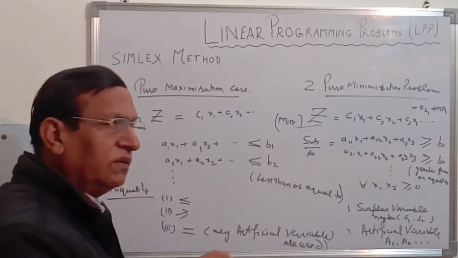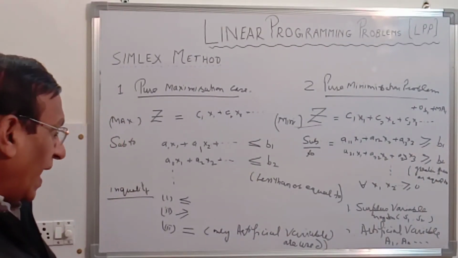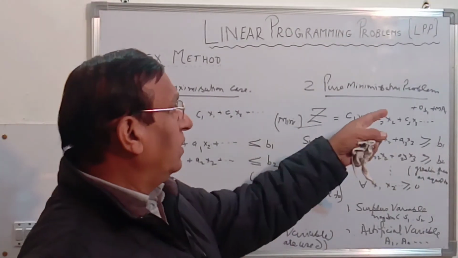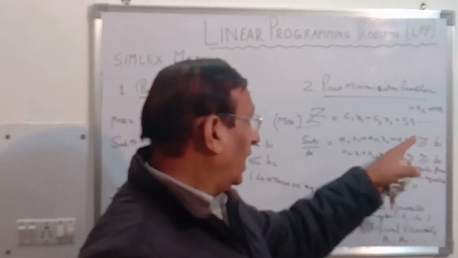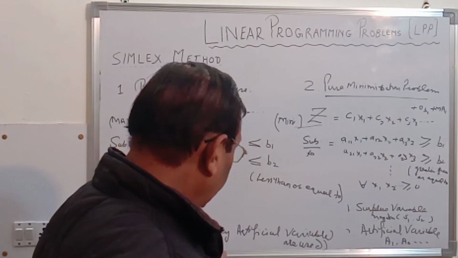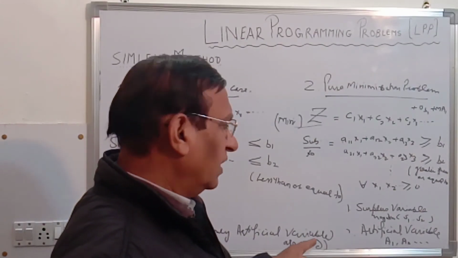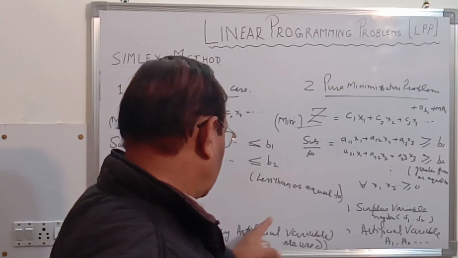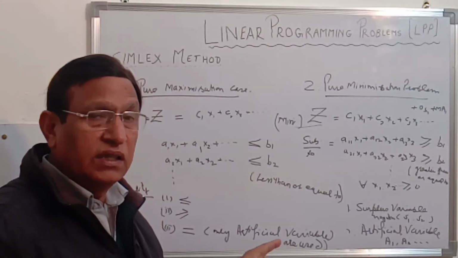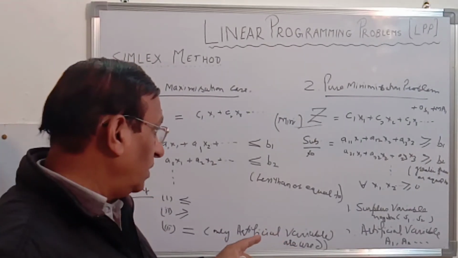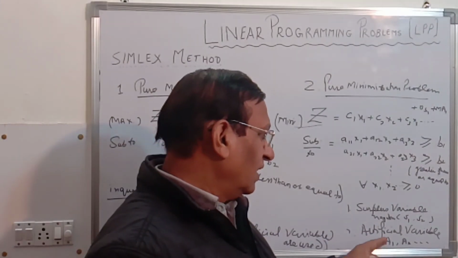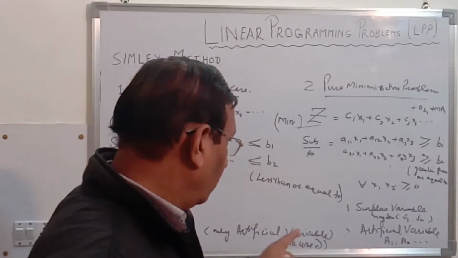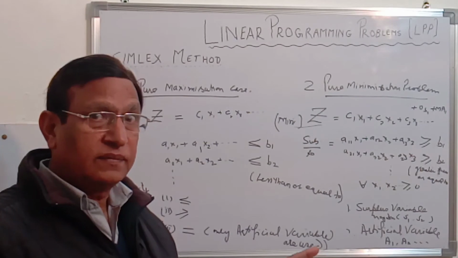How are the artificial variables used? Adding artificial variable with M coefficient into the objective function and 1 coefficient into the equation. When you use the variable into the equation, then it is with coefficient 1.